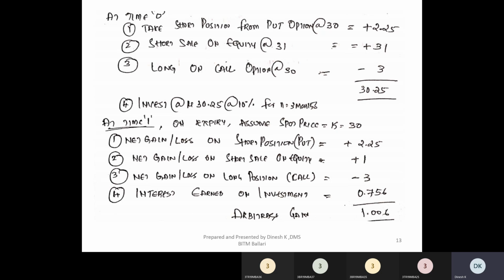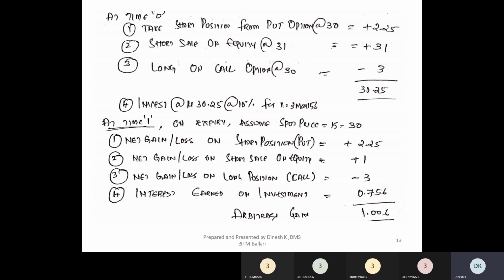Then I will take a short sale on equity. When I take a short sale of equity, what happens is that you will be selling the share today in the market for rupees 31. On a future date, you expect that the price of the stock will be less than 31, and you can buy at a lower price and pay back the share to the broker.